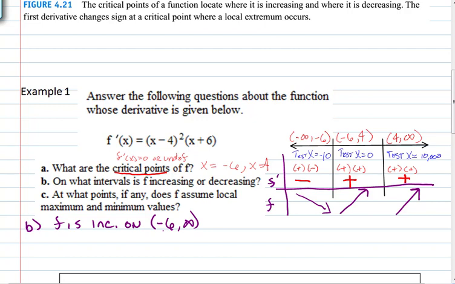Okay? And then f is decreasing on the interval from negative infinity to negative 6.